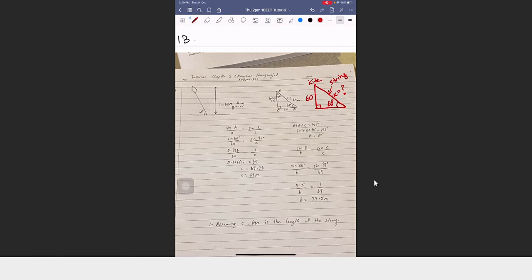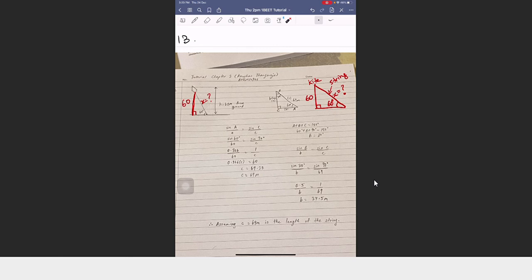If I'm referring to the diagram here, we can just extend from here. This is 60, and this is what we want to find. This is just a simple trigonometric ratio, because this is the angle of inclination, 60 degrees.